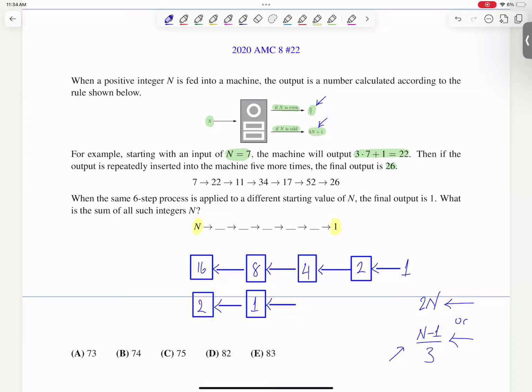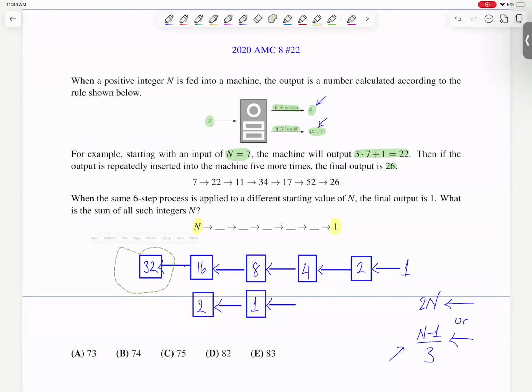Now, if we have 16, we can multiply by 2, and this is the 5th time we are reversing. We can have 32. Or 16 minus 1 is 15, and 15 divided by 3 is 5.